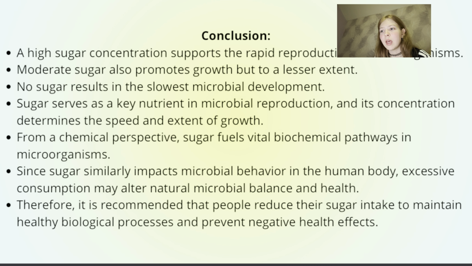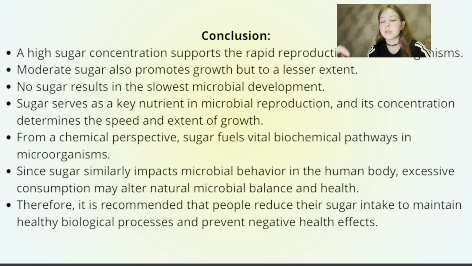Conclusion. A high sugar concentration supports the rapid reproduction of microorganisms. Moderate sugar also promotes growth, but to a lesser extent. No sugar results in the slowest microbial development. Sugar serves as a key nutrient in microbial reproduction, and its concentration determines the speed and extent of the full growth.